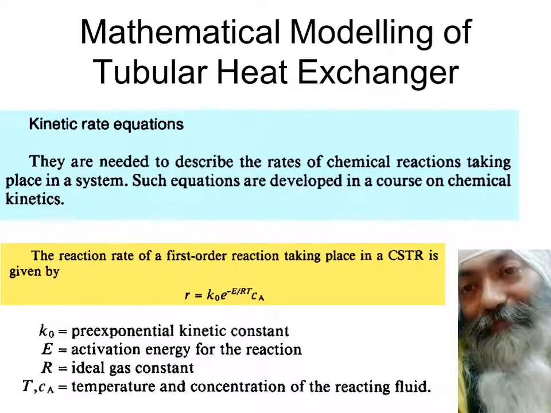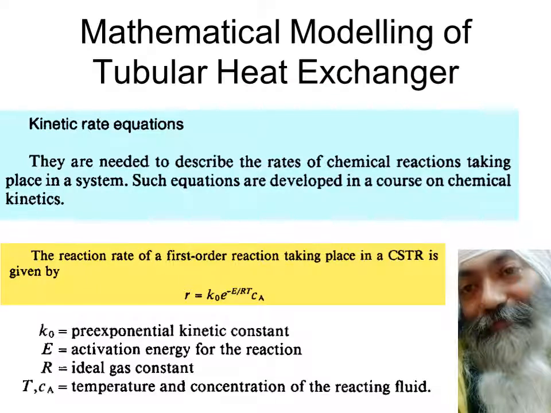T and C_A are the respective temperature and concentration of the reacting fluids. So these are the two equations which we have seen, the transport rate equation and the kinetic rate equation, used in a number of models. We will be making use of the first one in this model. Maybe the second one will be used somewhere else.